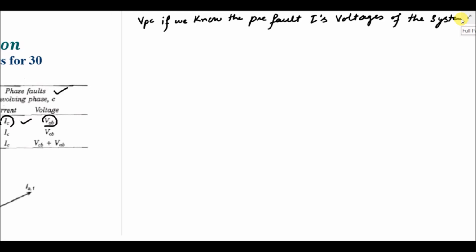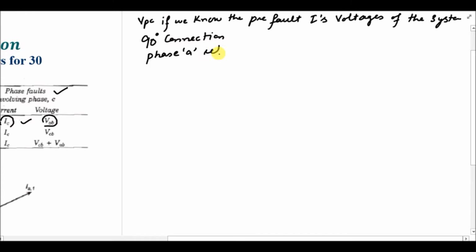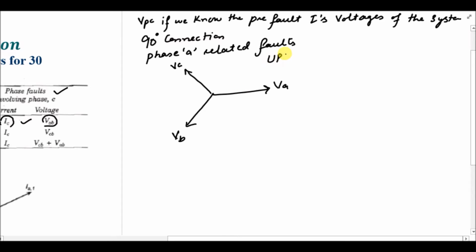For example, we talked about the 90-degree connection in the last lecture, and we considered phase A related faults. We know the phasors are VA, VB and VC, and for the unity power factor condition, IA, IB and IC will be in phase with the respective voltages.